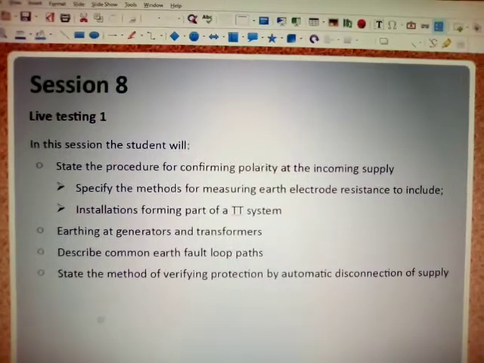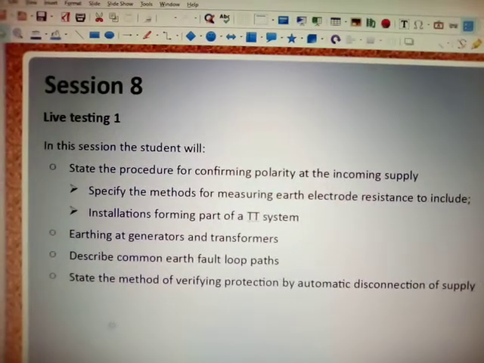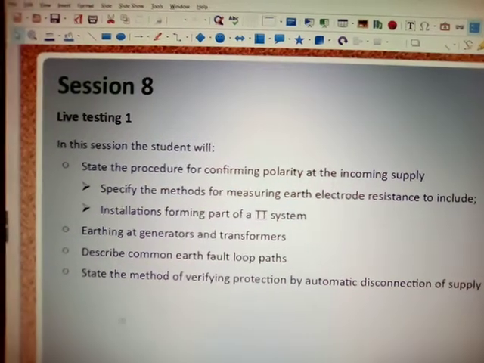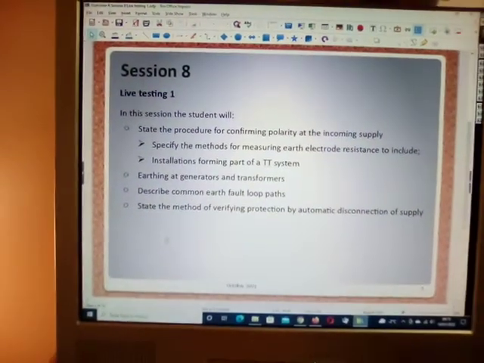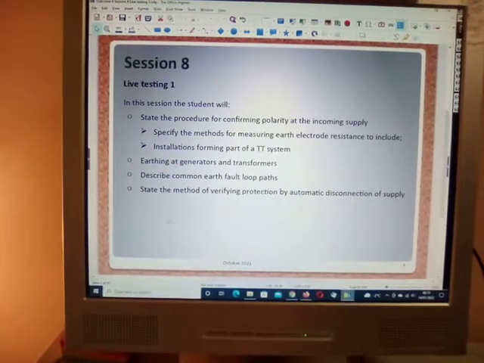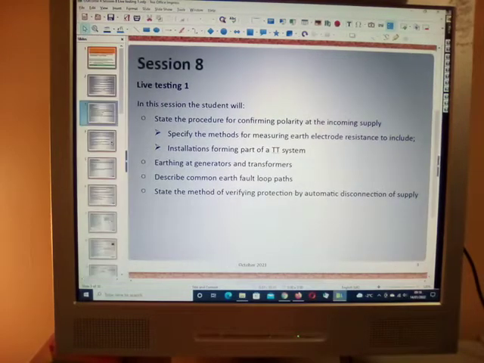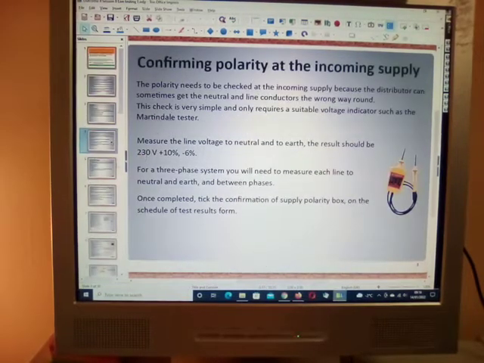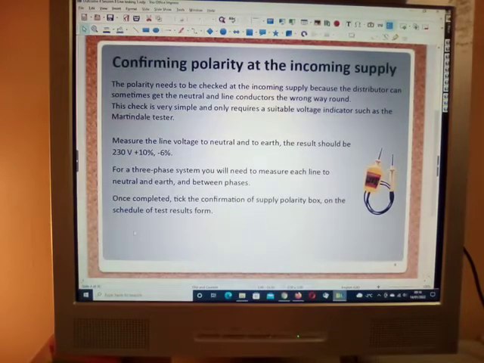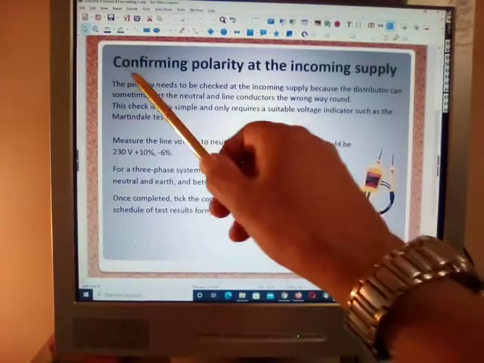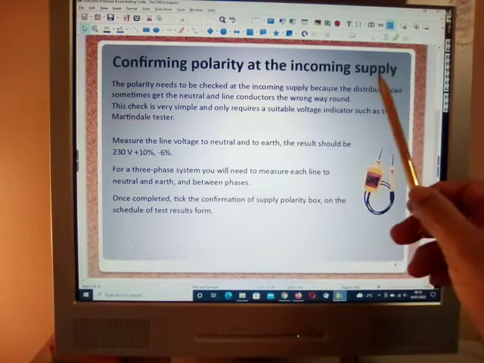Okay. Now again, I don't want to spend a lot of time talking on this because you're familiar with this already. Confirming polarity at the incoming supply.